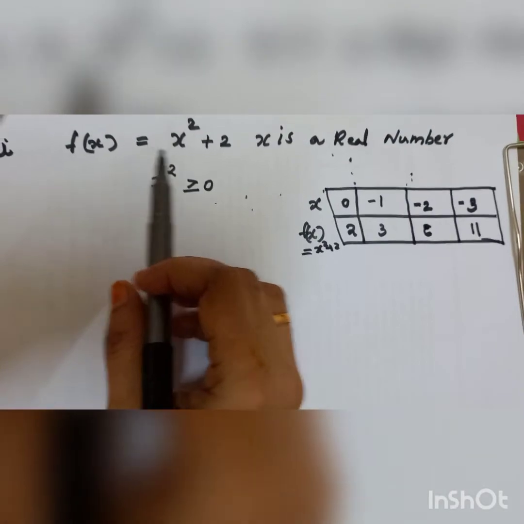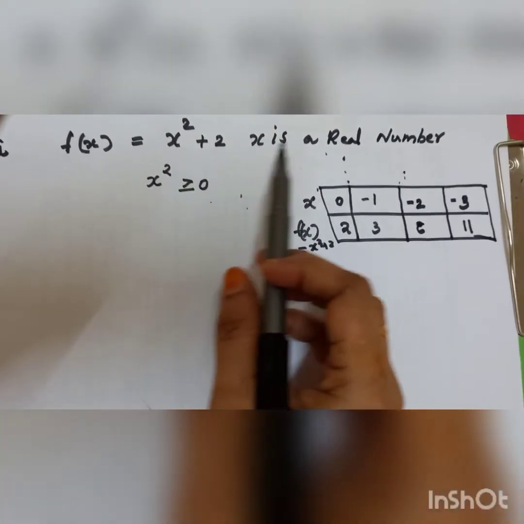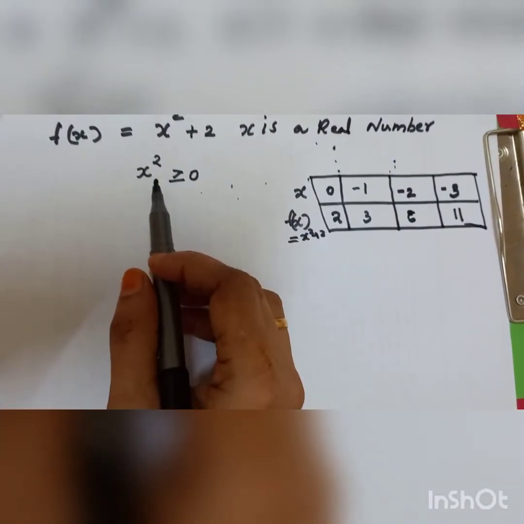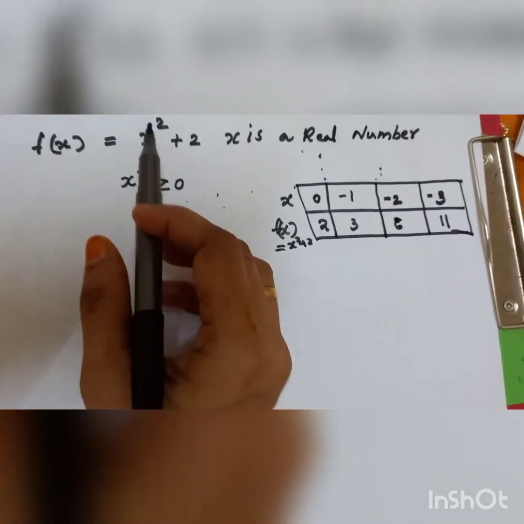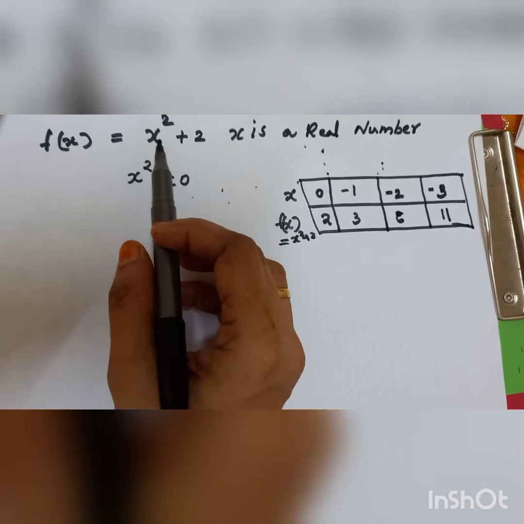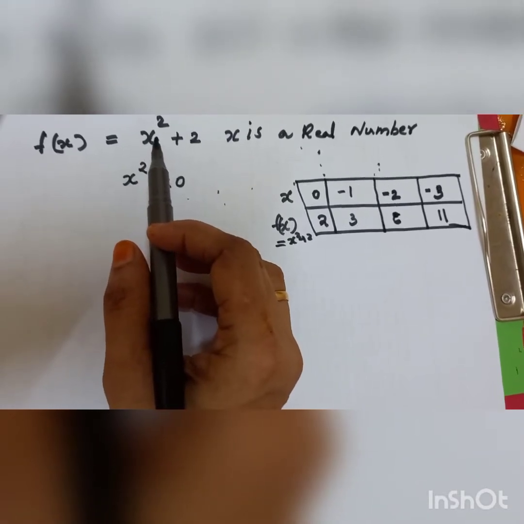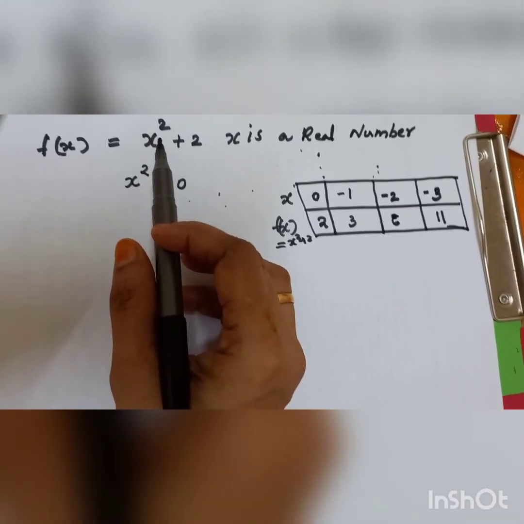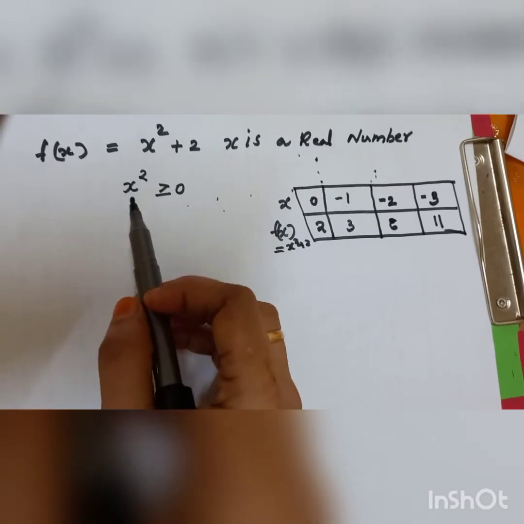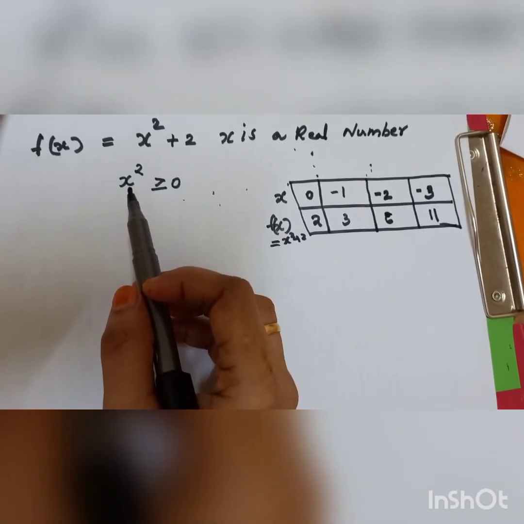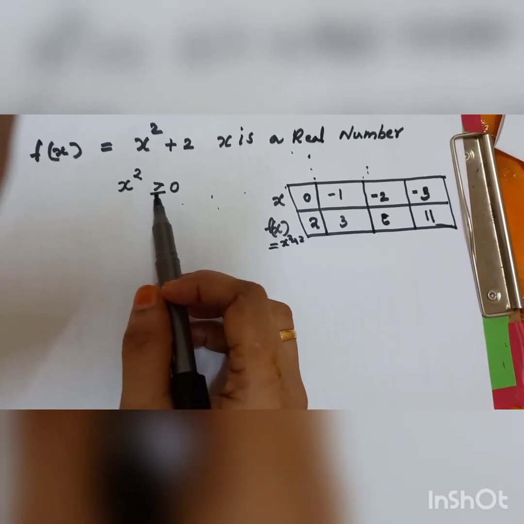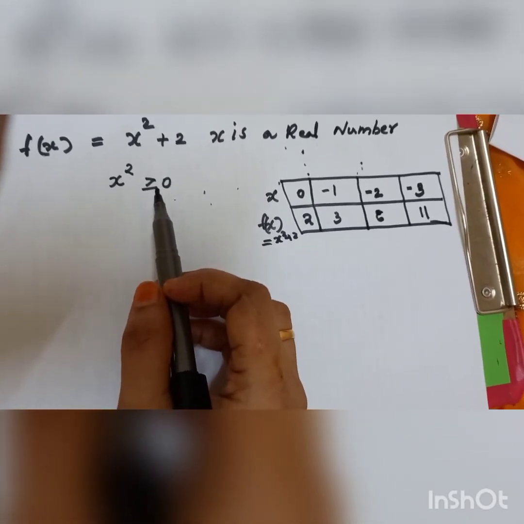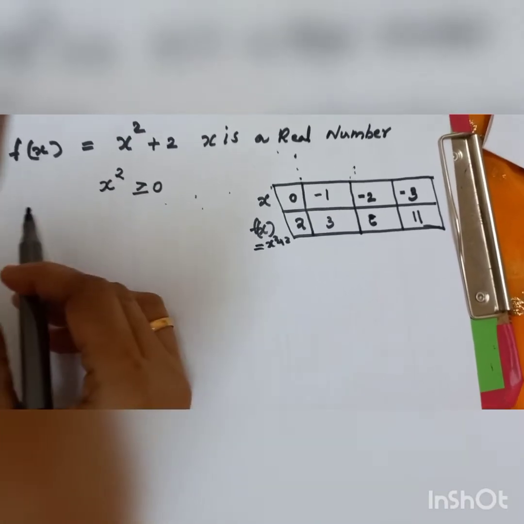Second bit, f of x is equal to x square plus 2, x is a real number. x square is always greater than or equal to 0, because if you put any real number here we get a positive value only.